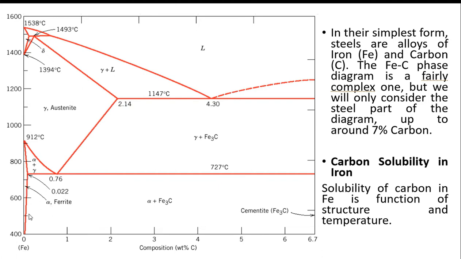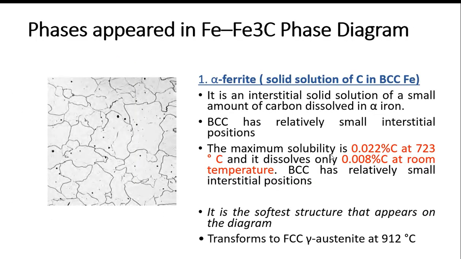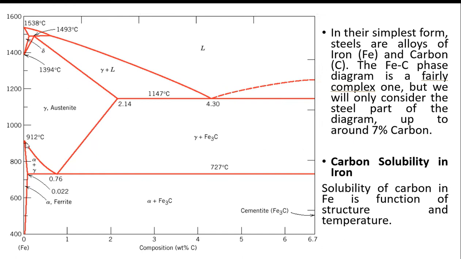This is the alpha, it is called ferrite. Below 0.022 you can form it, but it says 0.008, right? 0.008, something near this. Here, this is not equal to 0. This line is not 0.00.